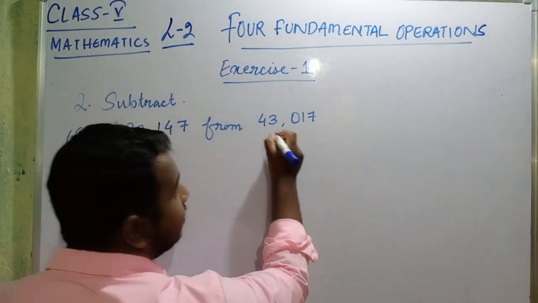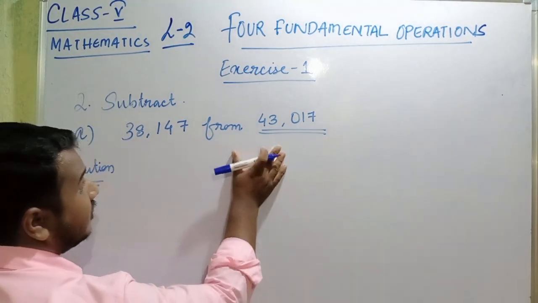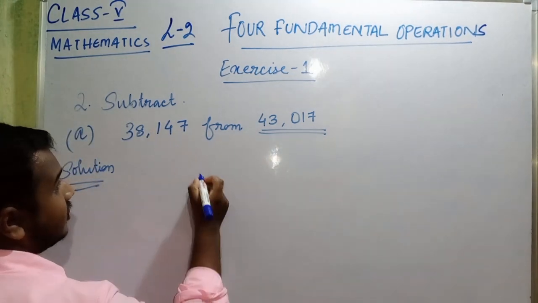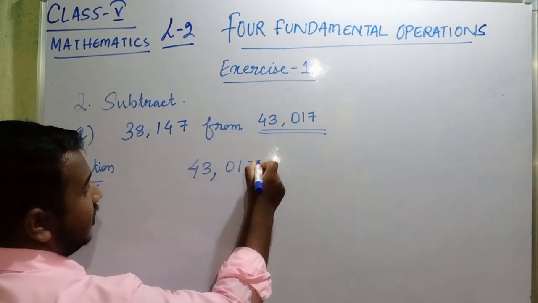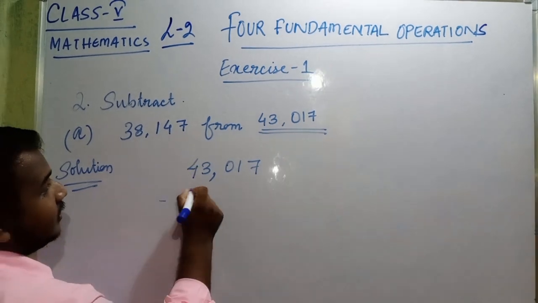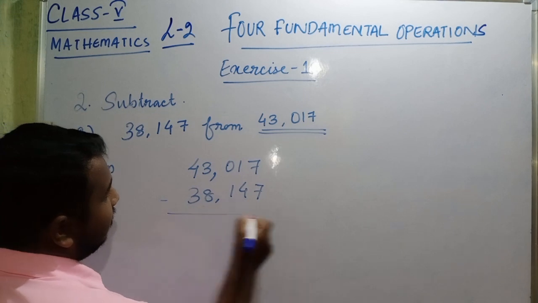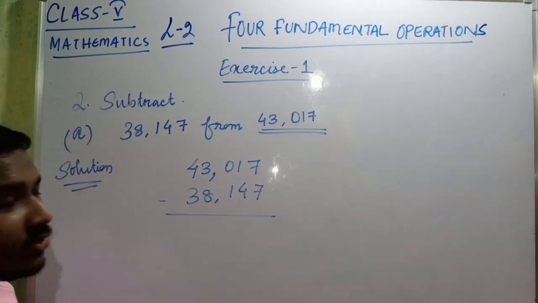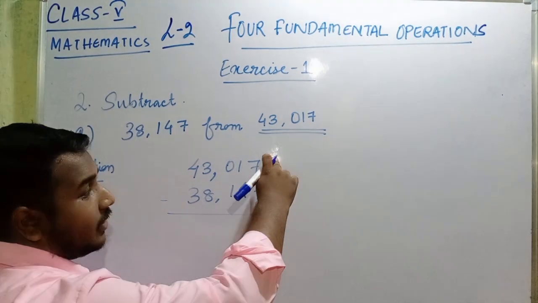First you have to always write the from portion. What we have to write? From portion. The bigger one you have to write first in subtraction. So 43,017. Yes or no? Then minus 38,147.